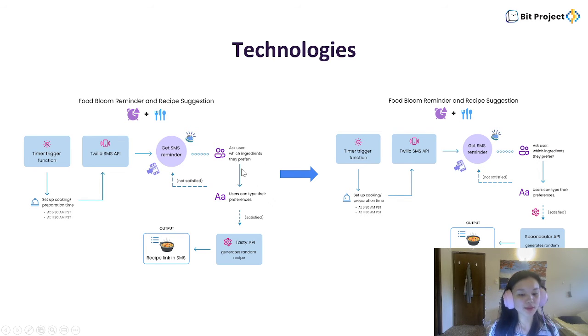Then the user will send back a response to the system, for example honey, bread, or chicken. Actually, I changed my mind not to include Tasty API for my function. Instead, I use Spoonacular API. Tasty API has a problem with my subscription and the key.